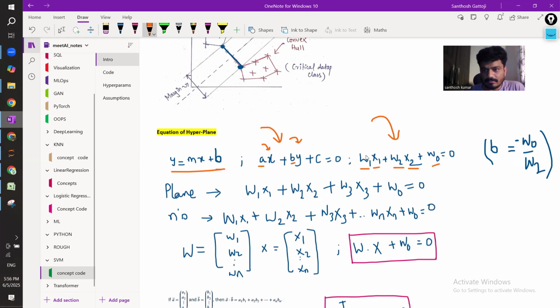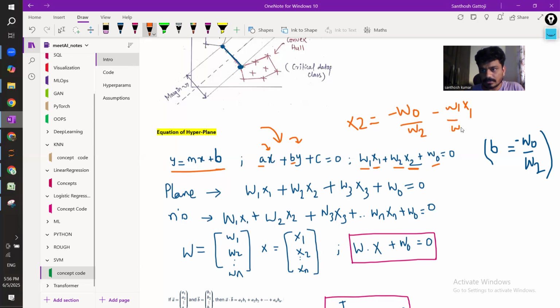Now if you try to convert this equation to this equation, the value of b here is minus w0 by w2. Why? Because x1 is x and x2 is y. So x2 will be equal to minus w0 minus w1 x1, by w2.